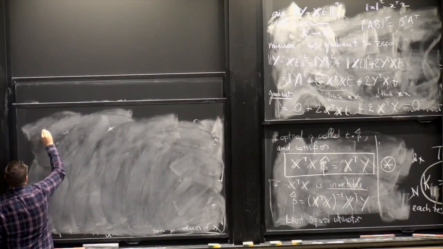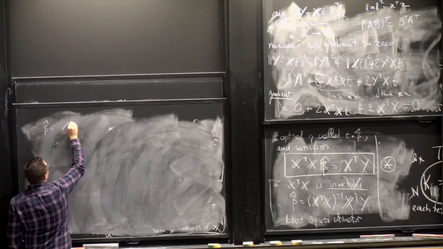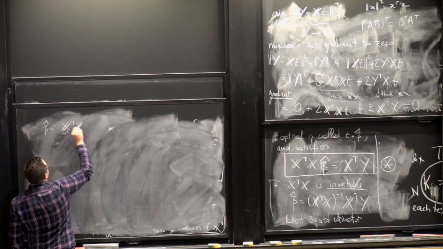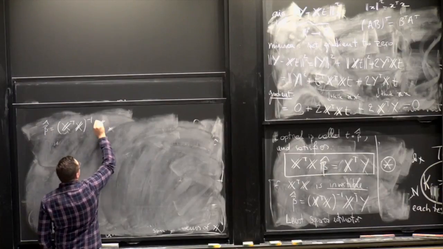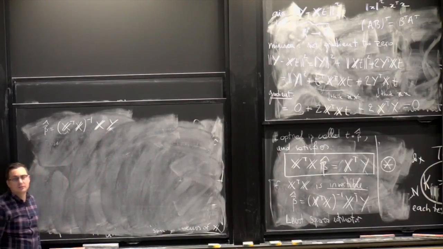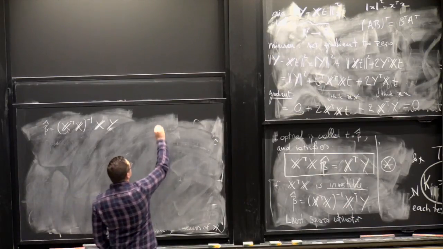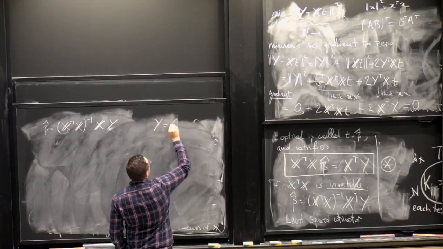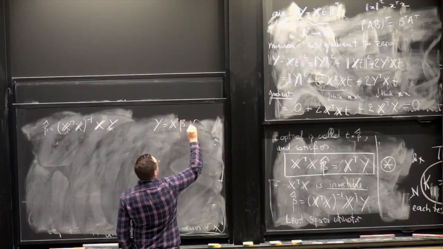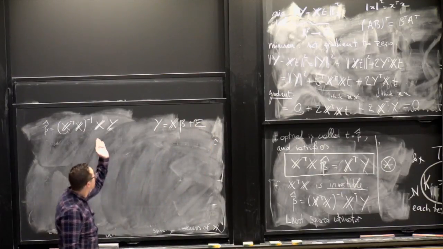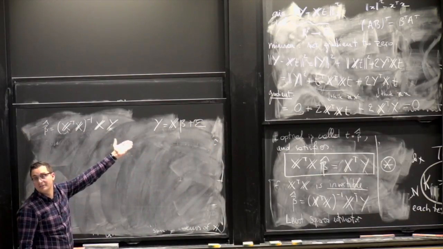So beta hat was equal to X transpose X inverse X transpose Y. Right? That was the definition that we found. And now I also know that Y was equal to X beta plus epsilon. So let me just replace Y by X beta plus epsilon here.